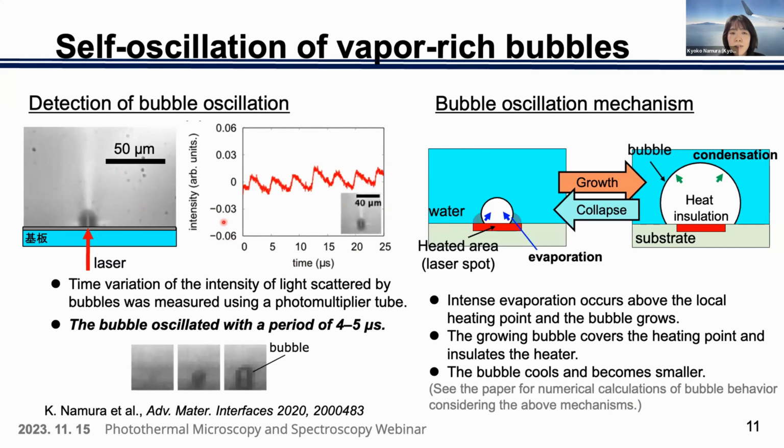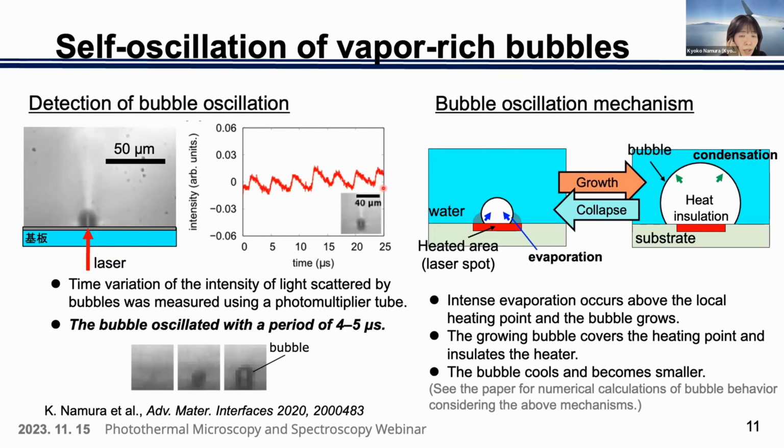This light is scattered light from the bubble. The time variation of the intensity of the light scattered by the bubble was measured using the photomultiplier tube. As you can see, the bubble oscillates with a period of several microseconds.